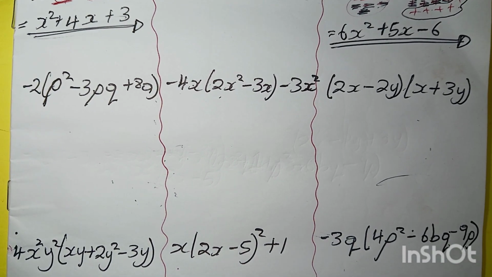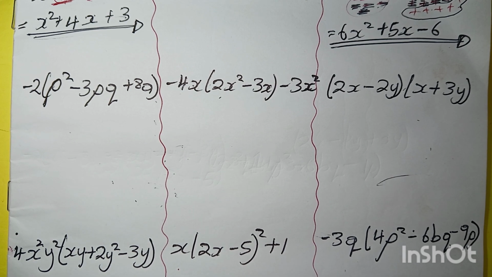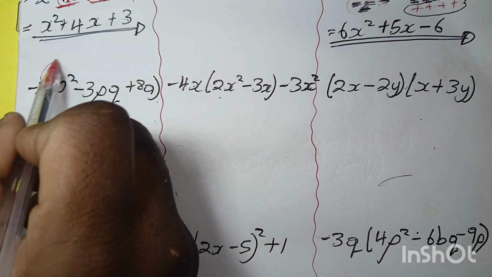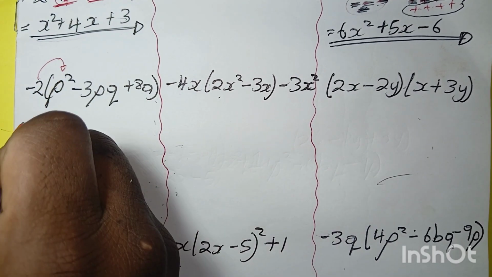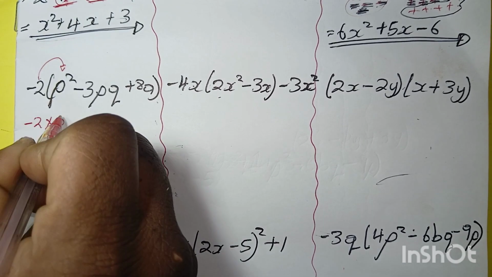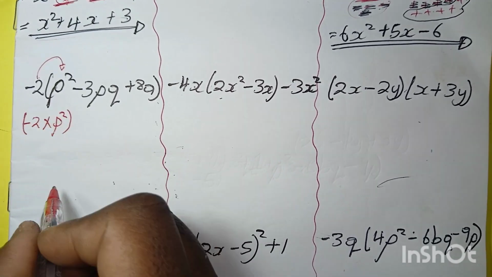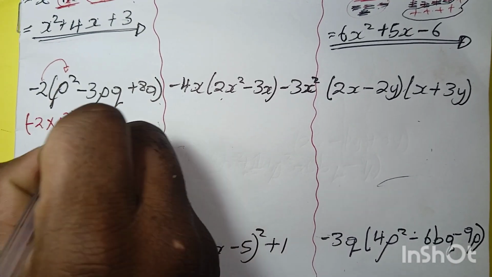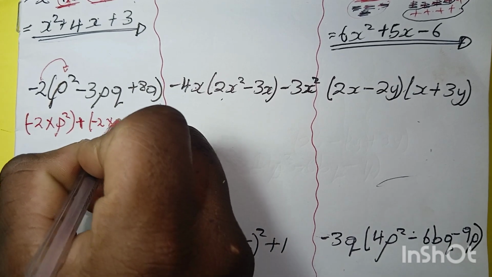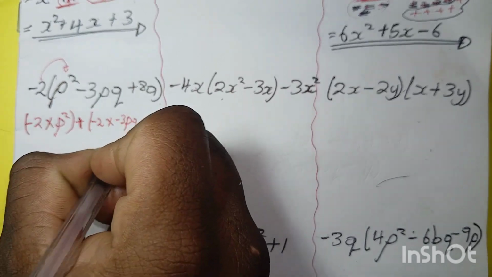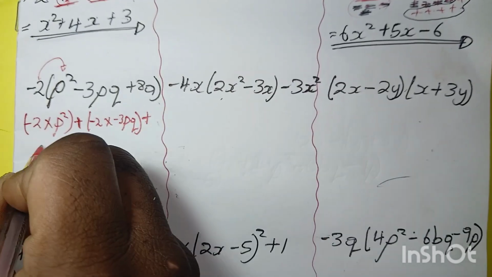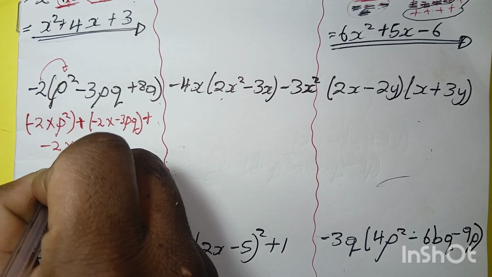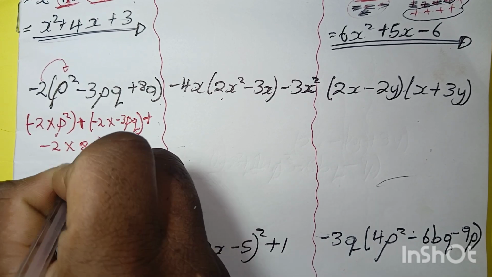You can even stop the video and try one of these, the one that you feel is easy for you. But me, I will do them all. Do you see? So now let's start from here. This is multiplied by this thing: minus 2 multiplied by 2 by P2, and say plus minus 2 multiplied by minus 3 PQ, and say plus minus 2 multiplied by what? 8A.